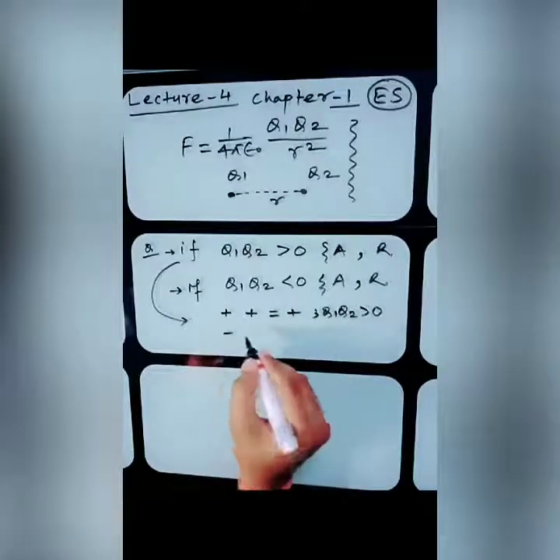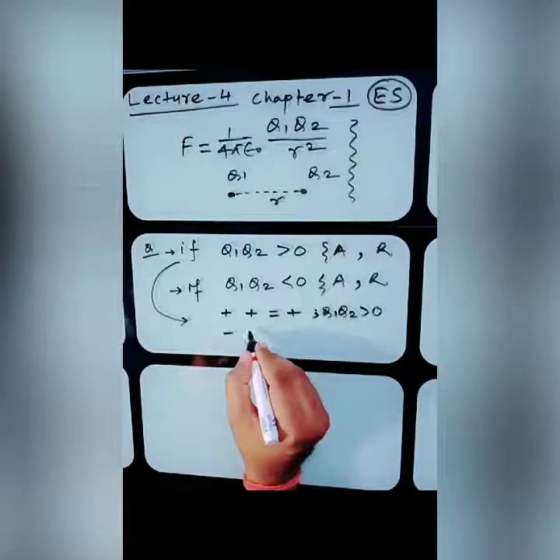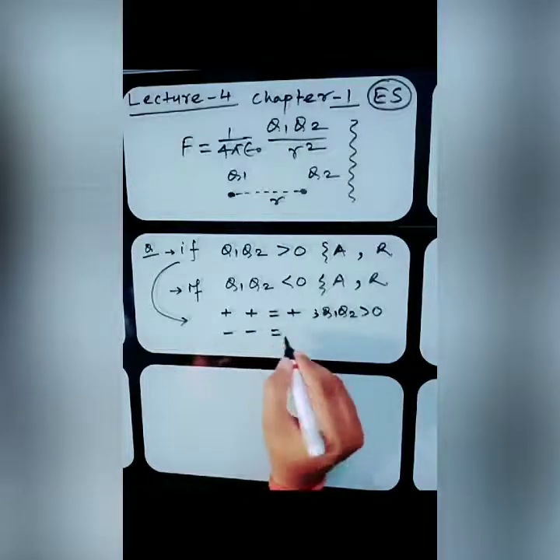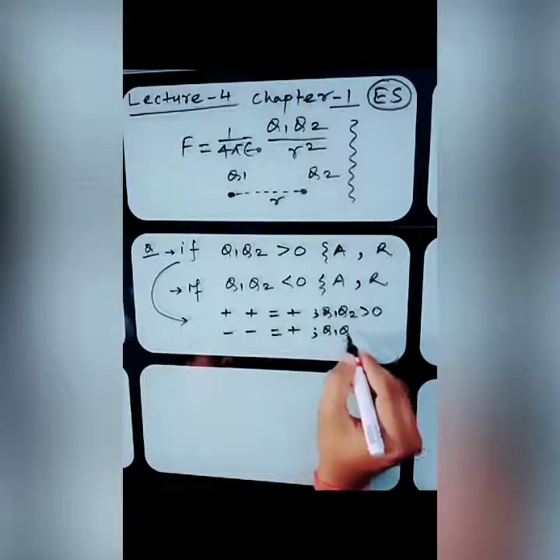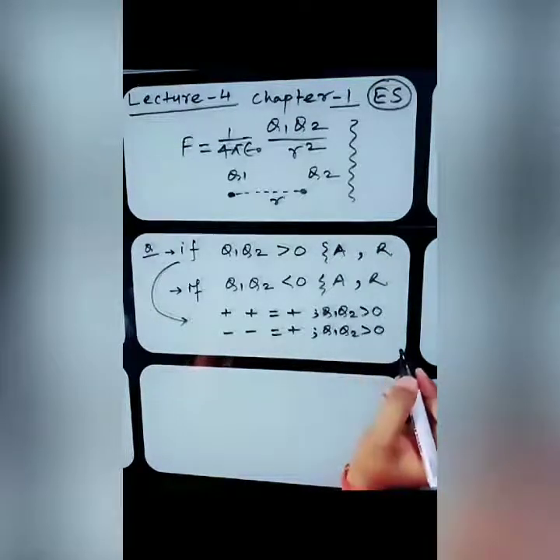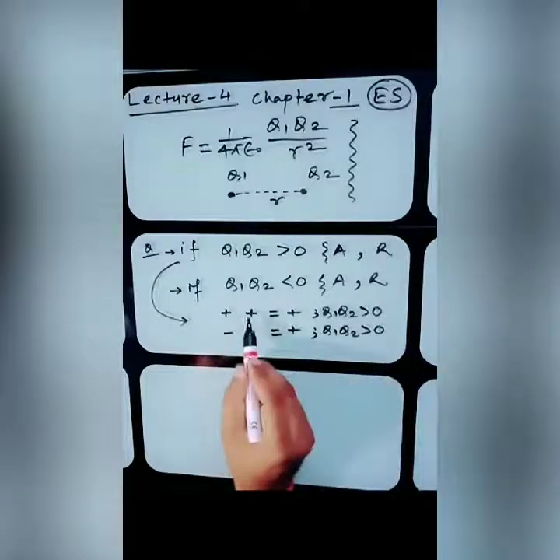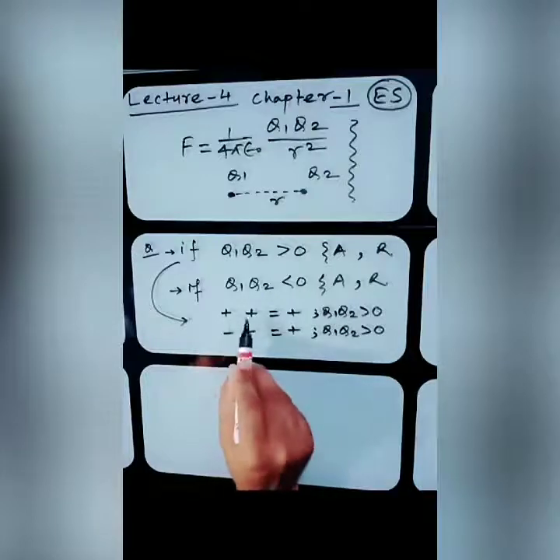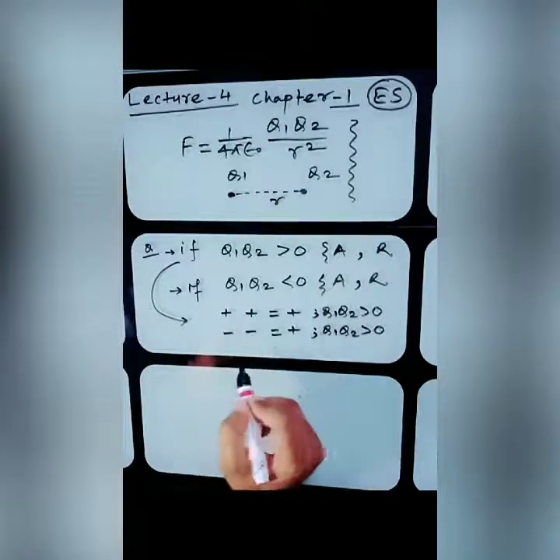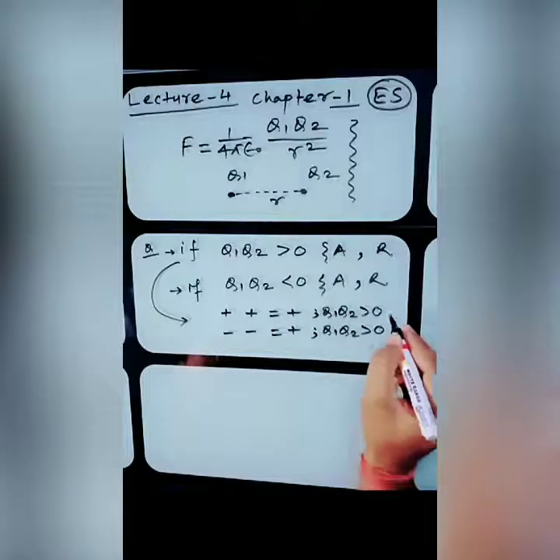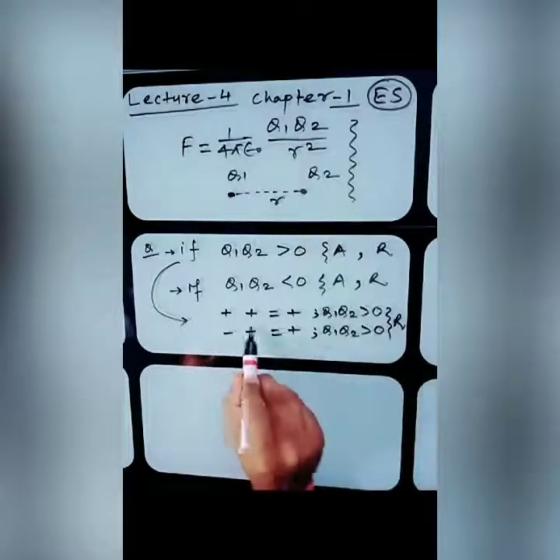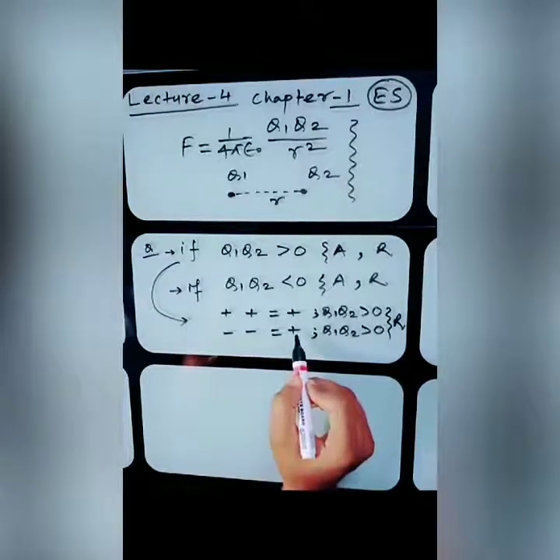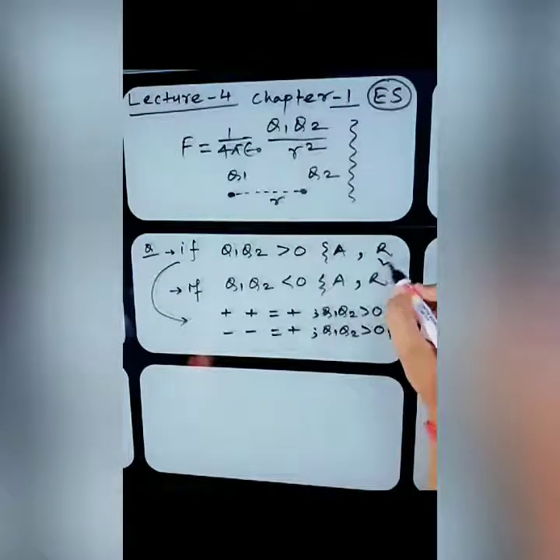Another possibility: Q1 and Q2 are both negative, then the product will also be positive. In this case, if both the charges are positive or both negative, that is similar charges, then the force must be repulsive. So if the product Q1 Q2 is positive, the force will be repulsive.